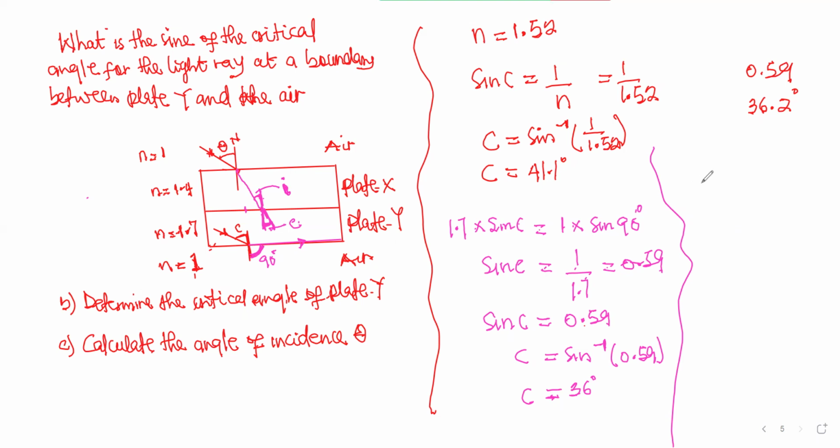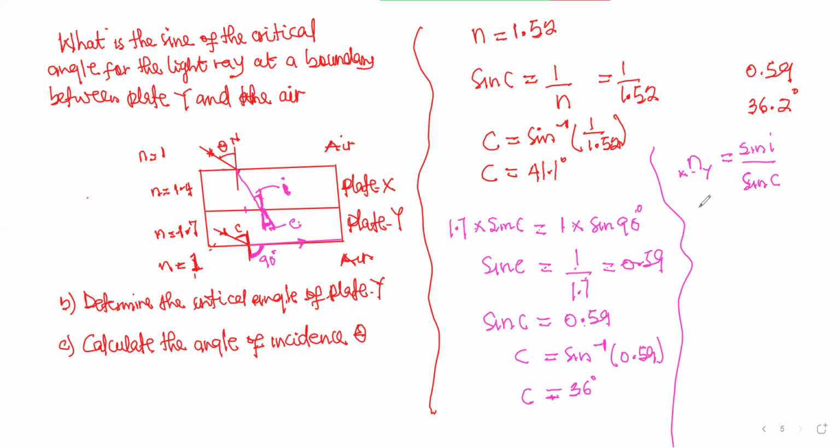If you take the relative refractive index as light moves from plate X to Y, this is also equal to sine I over sine C. C we know. Now what is the relative refractive index?